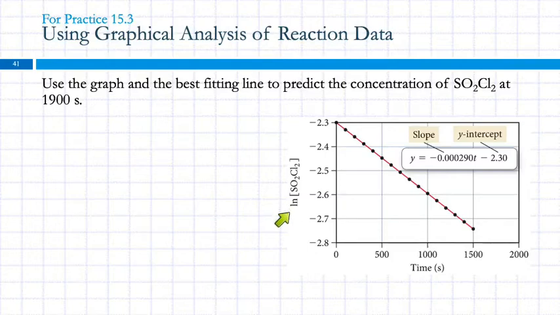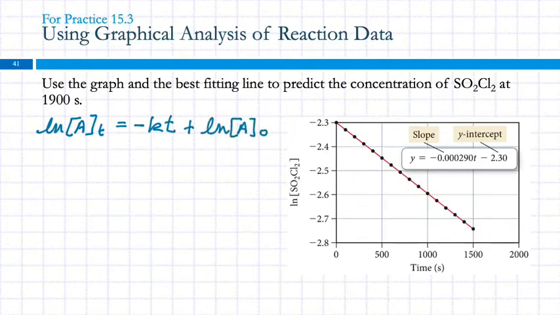So from this graph of natural log of concentration versus time, I recognize that this is a first order reaction. Natural log of A at t is equal to negative kt plus natural log of A at time 0. So if we want to know the concentration at 1900 seconds, I need to put this value in for x, which is t here, right? So this is our time.